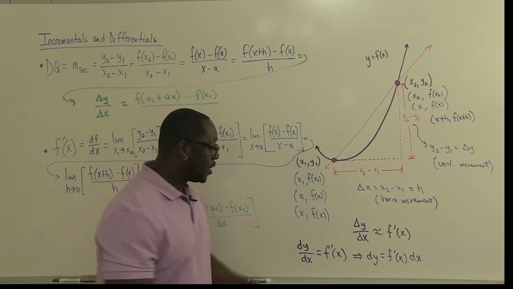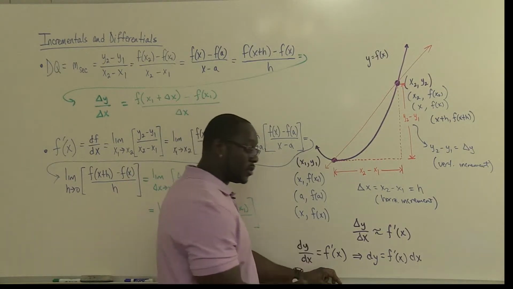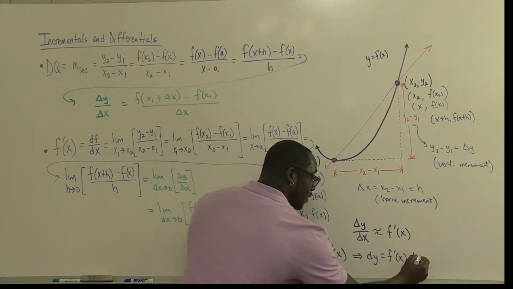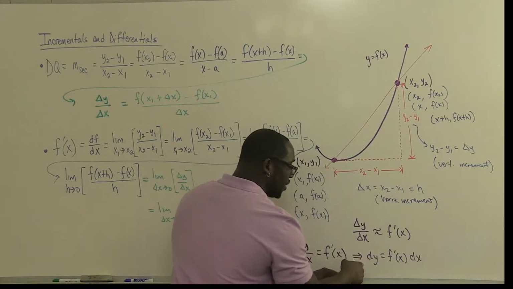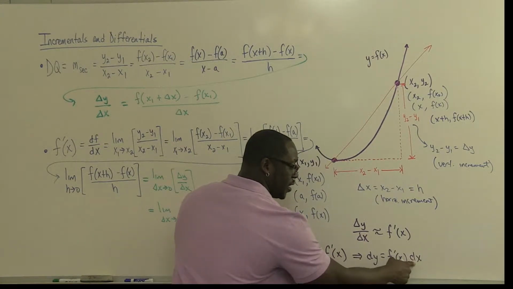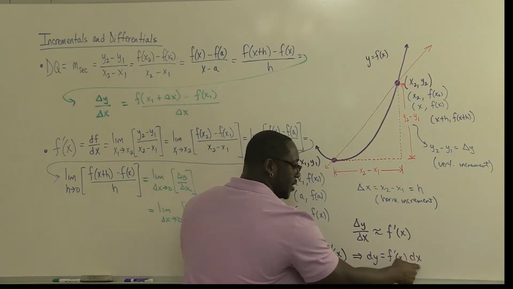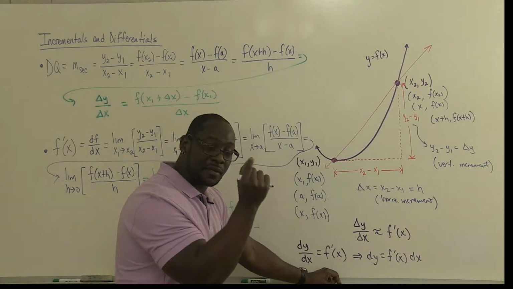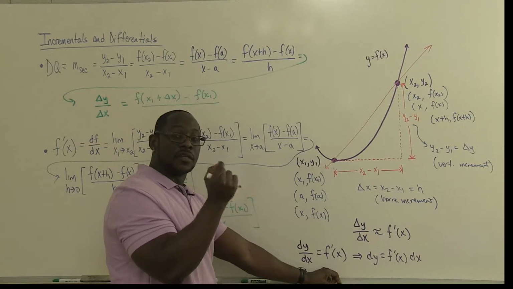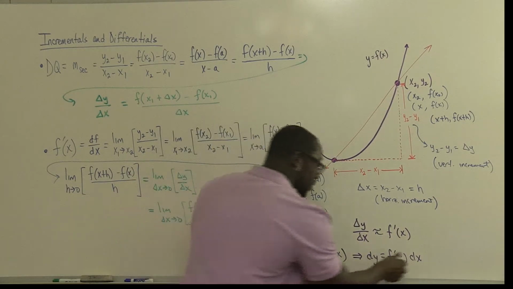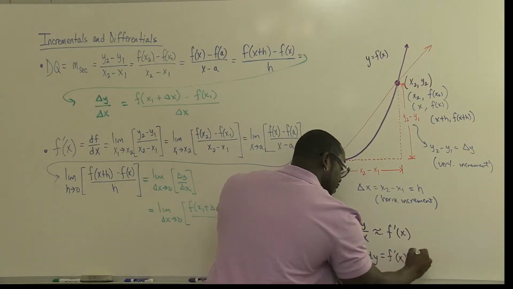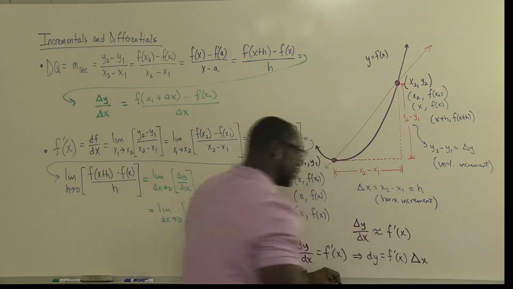And so what I'm going to do here is show you that if we take this and we say, all right, instead of calling this dx, which is a very, very small infinitesimal difference between the two x values, let's say we call this delta x.